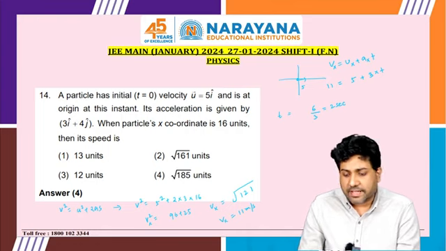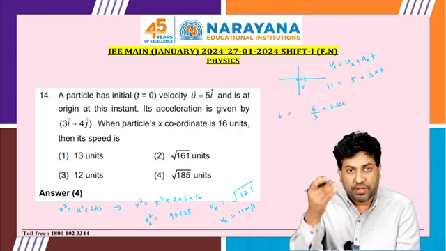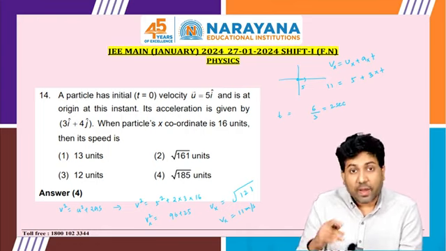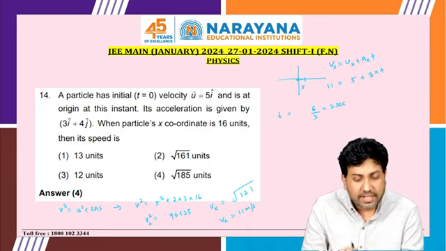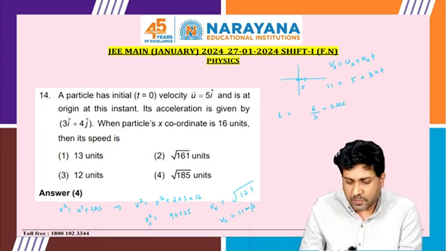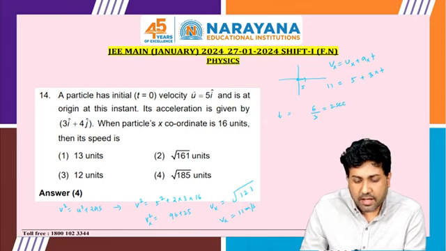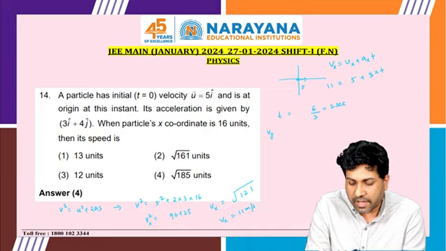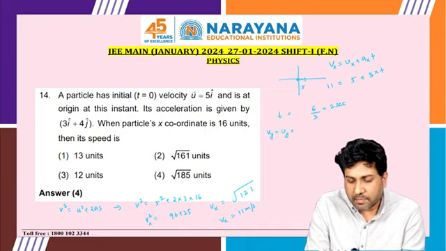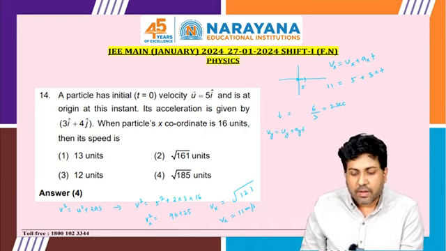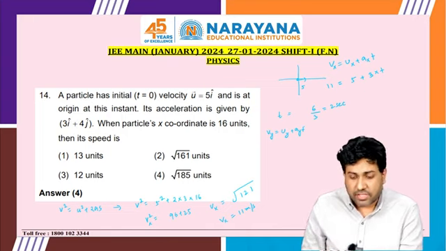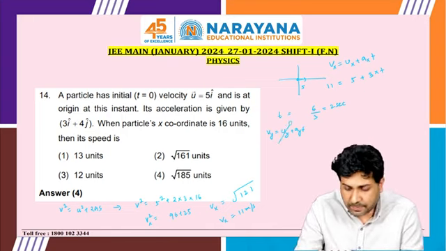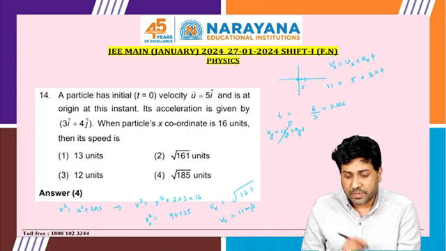So at 2 seconds, what is the y direction speed? Actually, I don't need the coordinate in the y direction. I need only the speed. So what can I do? In the y direction, I will again use this relation Vy is equal to Uy plus Ayt. In the y direction, the initial speed is 0.